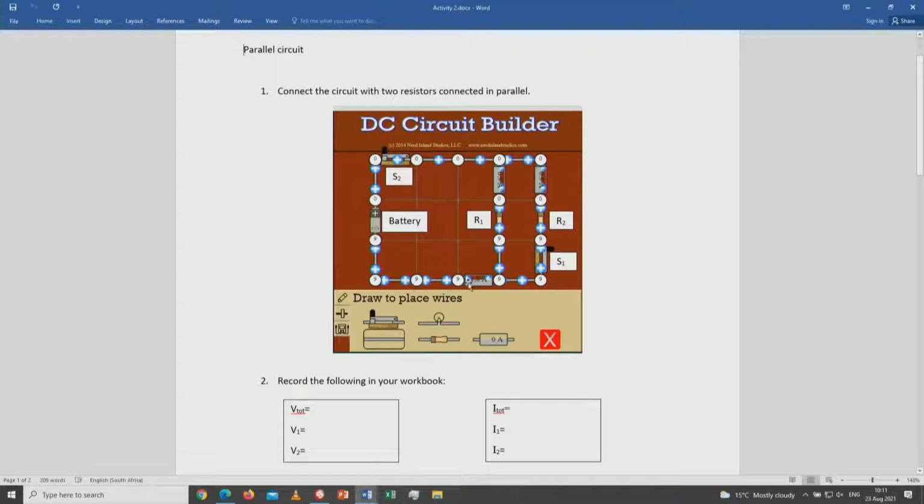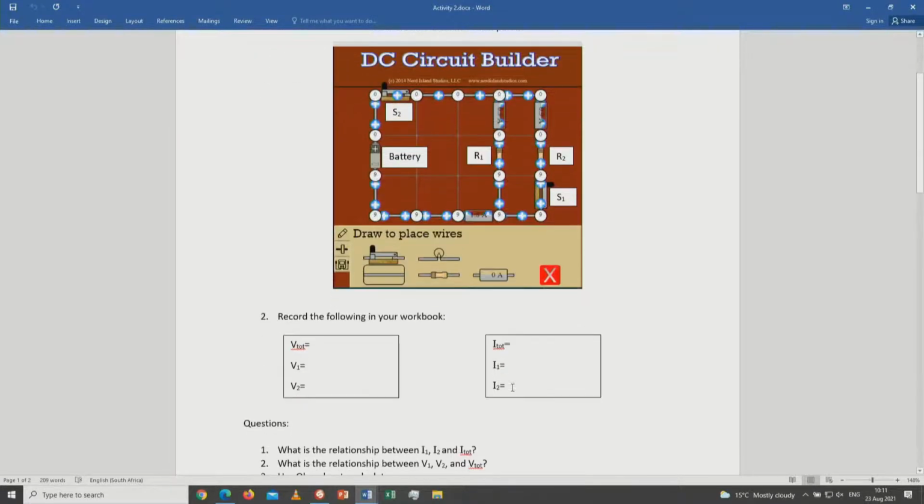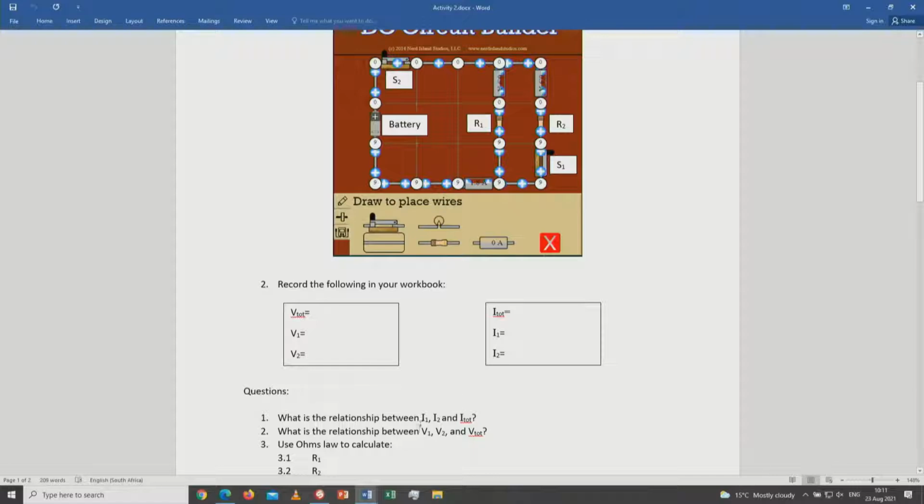It has our two resistors connected in parallel, and then we have our ammeters there, and we have the switches. I've included switch 1, S1, for a particular purpose. Now let's look at the readings.